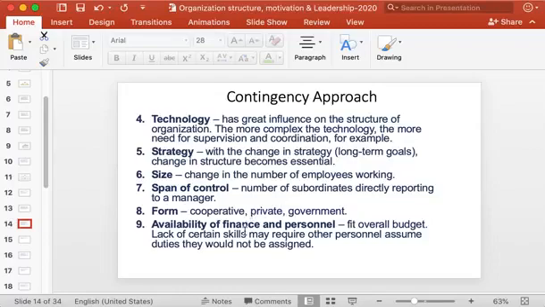So lack of certain skills may require other personnel to assume duties that they would not have been assigned before. So accordingly, some part of the organization may need to be changed.